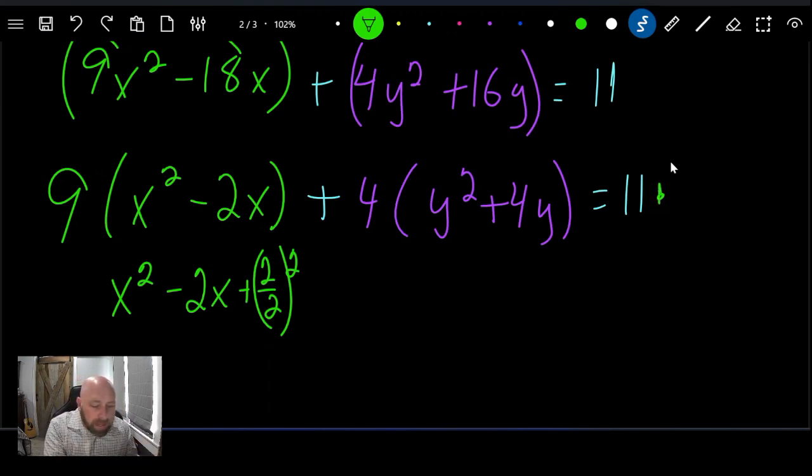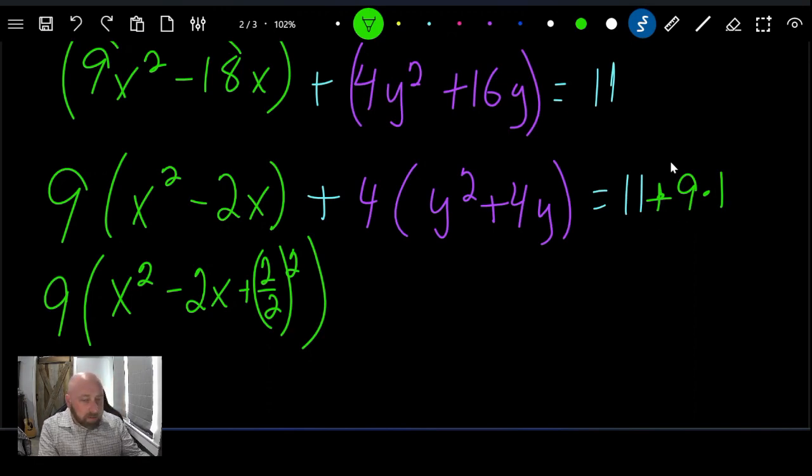So we're going to have to add this over here to 9 times 1. Okay? Because of the multiplier, we have to multiply that. So we still have the multiplier over here, and then we have to multiply it by that for it to be equal. We have to have equality over there, right? And so that's added to, and then we're going to do the same thing with this one.